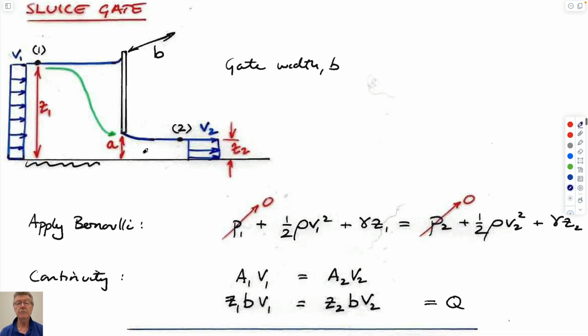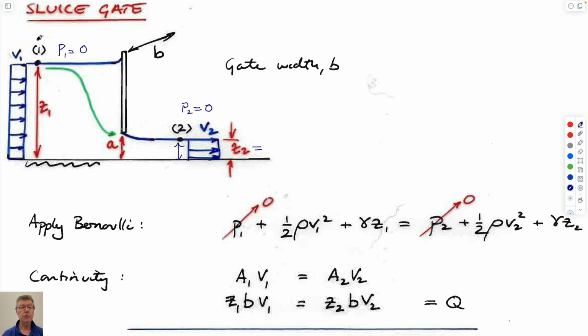But the idea is the same as a free jet. We know if we draw Bernoulli between point 1 and point 2, pressure 1 equals 0. Pressure 2 equals 0. It's on the surface. The height that we'll use in Bernoulli is equal to Z1 or Z2.